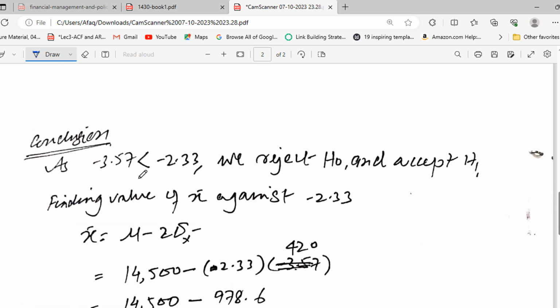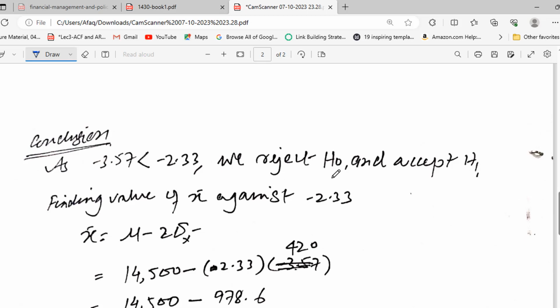Now come to the comparison. Minus 3.57 is less than minus 2.33, because it lies farther away in the negative direction. In other words, minus 3.57 lies on the left side of the 2.33 value. On the basis of this, we can conclude that we reject H naught and accept H1.